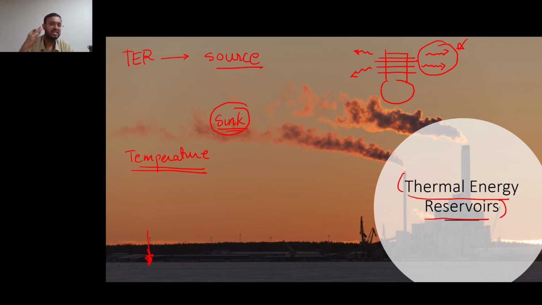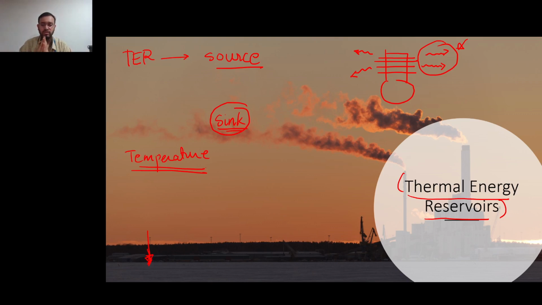If you have air at 30 degrees Celsius and water at 30 degrees Celsius, from a thermodynamic perspective there is no difference between them. If the surrounding air is at 30 degrees Celsius and the ocean is at 30 degrees Celsius, then both of them are equivalent thermal energy reservoirs. There's no distinguishing factor between them.